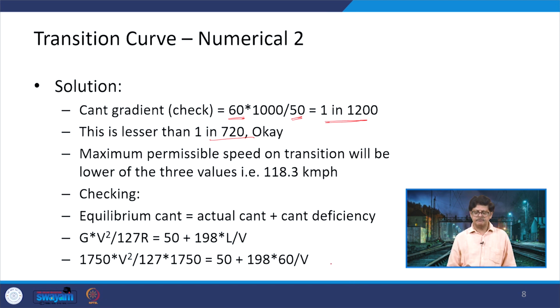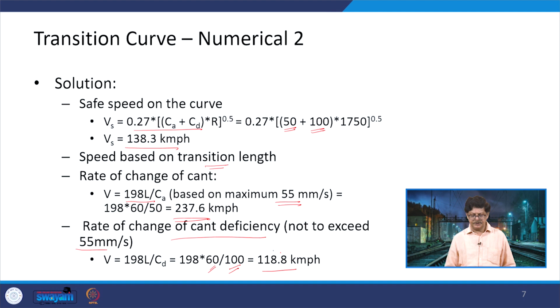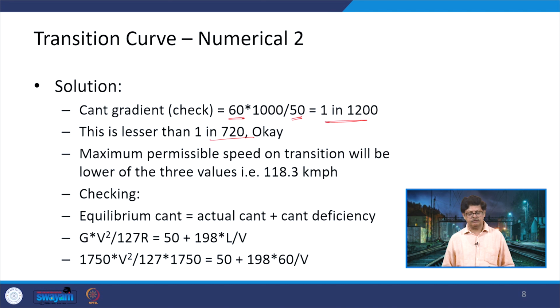Now, for maximum permissible speed, we have got different speeds here: 118.8, 237.6 and 138.3 kilometers per hour. These are the three values which we have got. Out of these three values, the lower of the three, that is 118.3 kilometers per hour, can be taken up here. Now, we are making a check here that equilibrium cant is equal to actual cant plus cant deficiency.